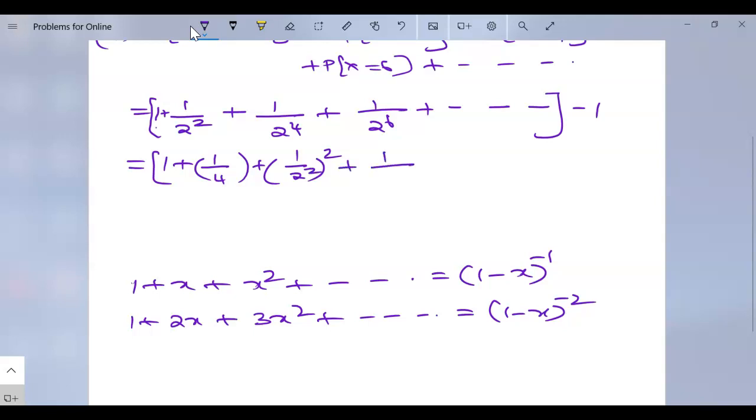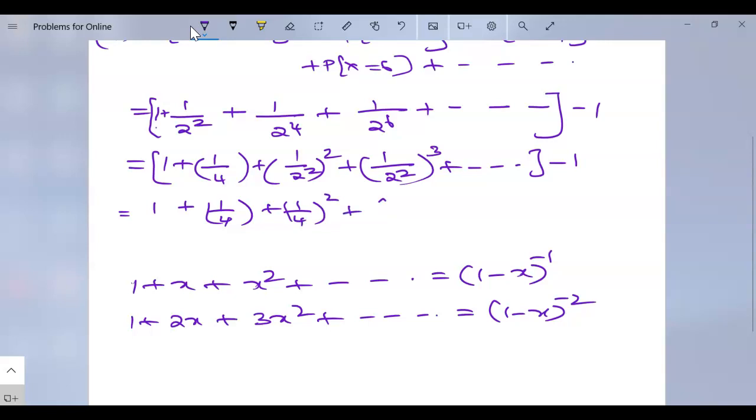Next here, 1 by 2 squared the whole power 3, plus and so on. And at last that is minus 1. Right? So this is 1 plus 1 by 4 plus 1 by 4 the whole squared plus 1 by 4 the whole cube plus and so on, and there is minus 1. There is no loss in generality.